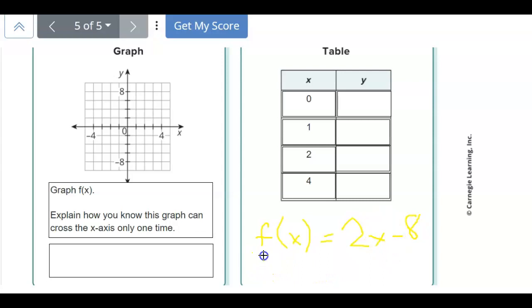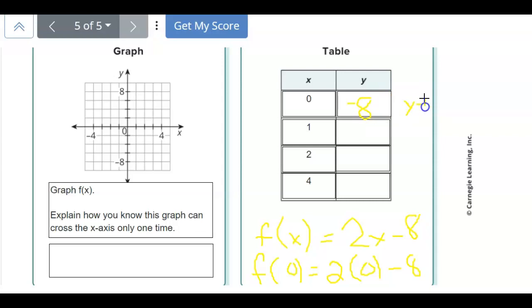So for example, f of 0 is equal to 2 times 0, we're plugging in that input number, minus 8. And simplifying, 2 times 0 is 0, 0 minus 8 is negative 8, so negative 8 will be right here. When x is 0, the y value, that's our y-intercept.